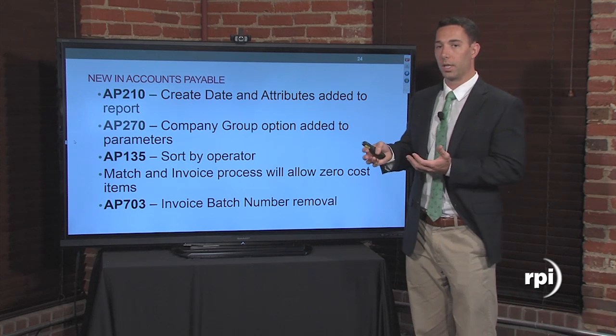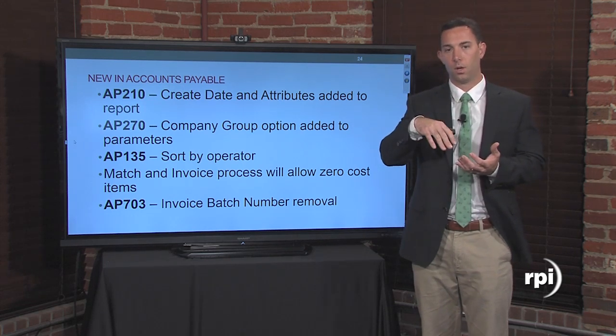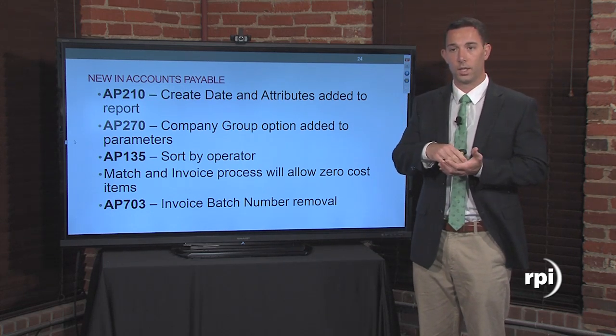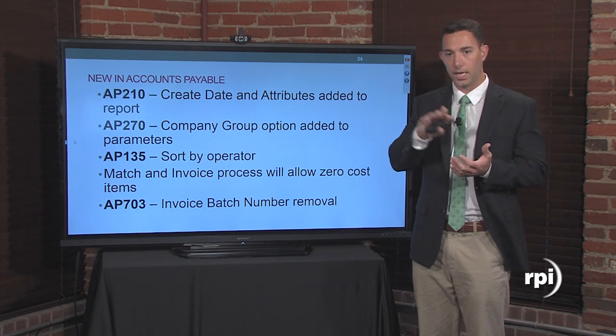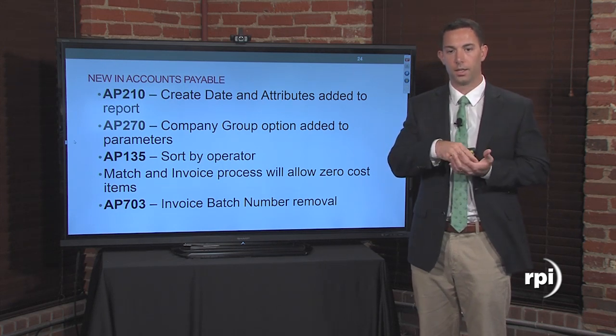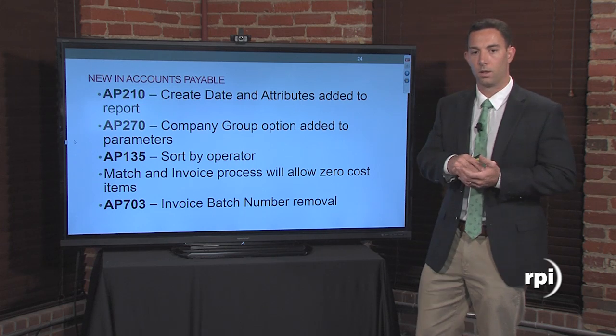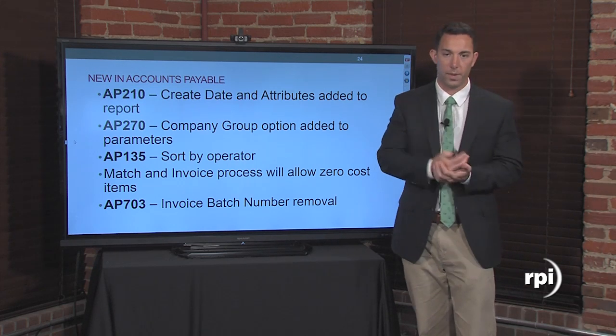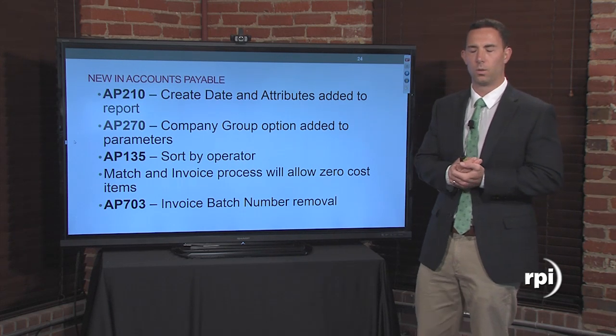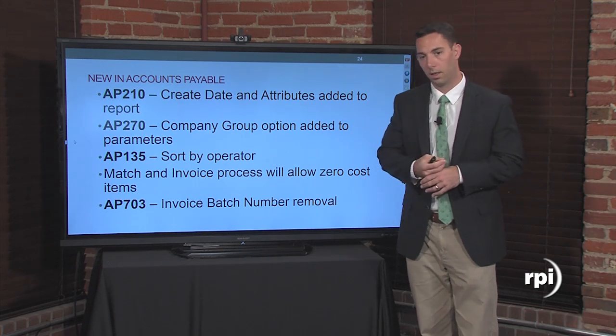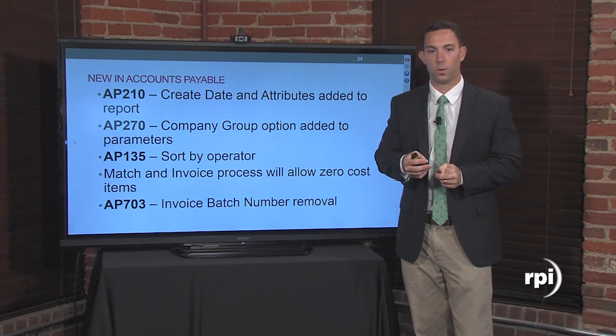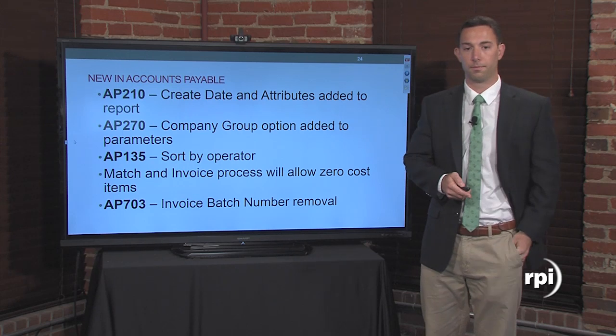So what this program is going to do is actually swipe through all of those unreleased invoices with batch numbers, take off the batch number, and put in an authority code. So if you are trying to make that switch from batch invoice processing to authority code processing, this is a nice program to make that happen even quicker.